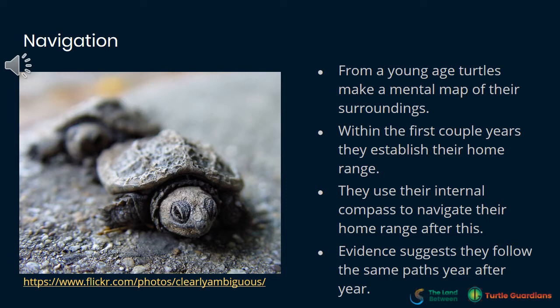So as they select their nesting sites, as they select their places to overwinter, as they select their home wetlands that they're going to be feeding in for the majority of the year, they will internalize those and make a mental map of that area.